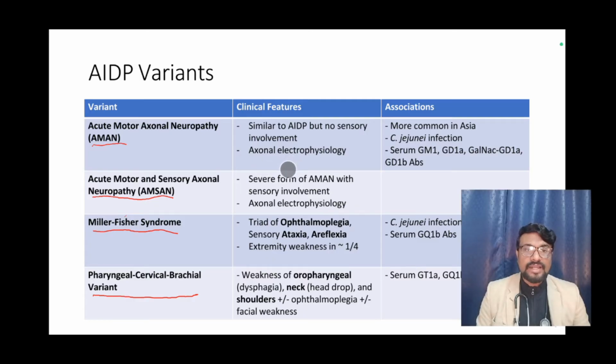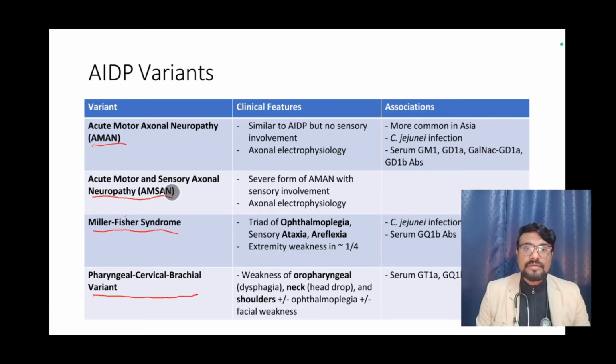Prolonged F-wave latencies, temporal dispersion and conduction blocks are the manifestations of demyelinating neuropathies in NCV. It is mostly associated with Campylobacter jejuni, and in serum we can look for anti-ganglioside GM1 and ganglioside GD1a antibodies.